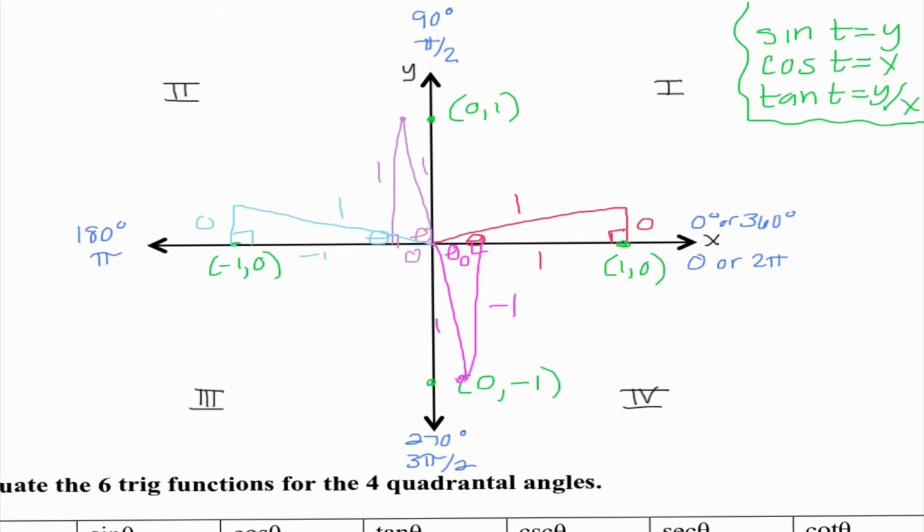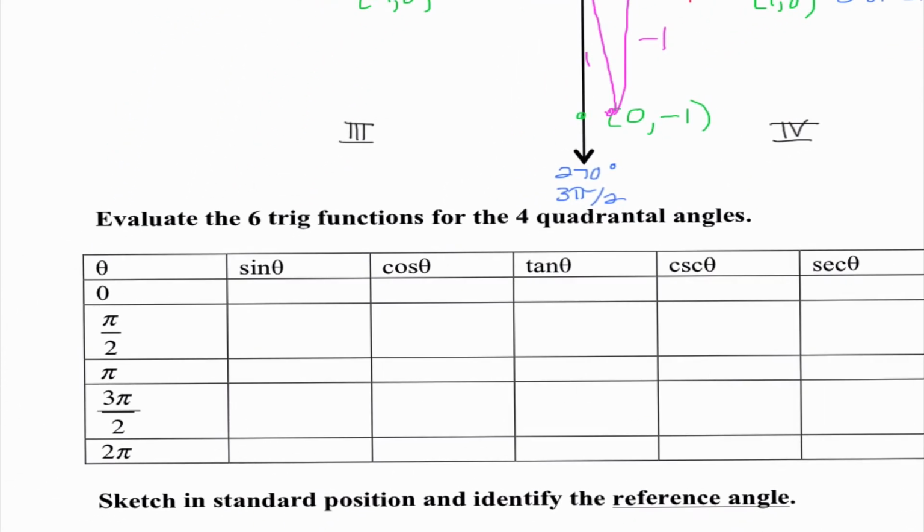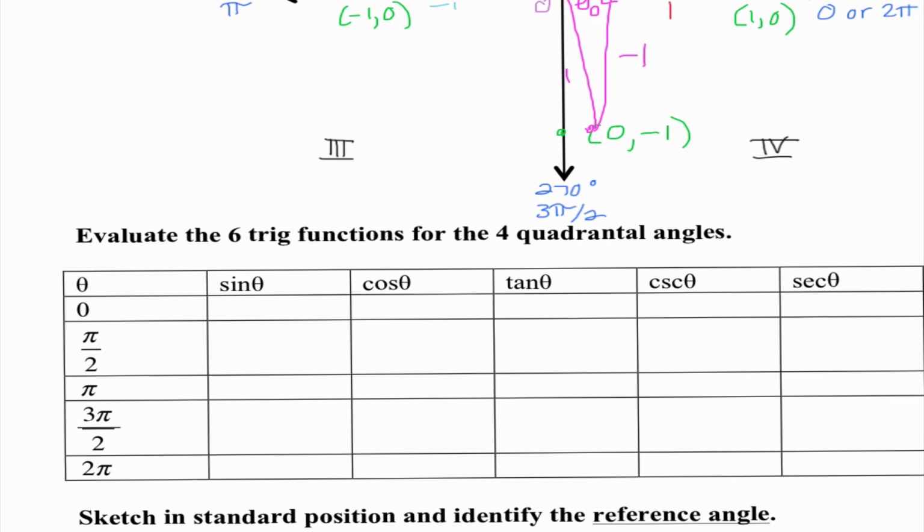So we could use either of those two methods. I highly recommend using the ordered pairs, but you can use whatever's easiest for you. We're going to evaluate the 6 trig functions for the 4 quadrantal angles. And I just want to remind you that 0 and undefined are reciprocals.